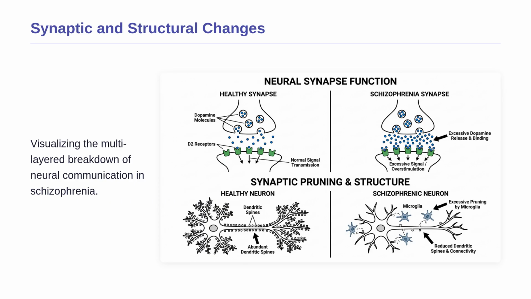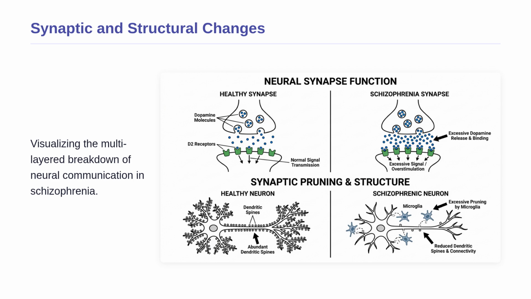To visualize the physical and chemical damage we just discussed, let us examine this diagram. On the top left, you see a healthy synapse with normal dopamine binding. On the top right, the schizophrenic synapse is flooded with excessive dopamine molecules, completely overwhelming the green D2 receptors on the postsynaptic terminal.